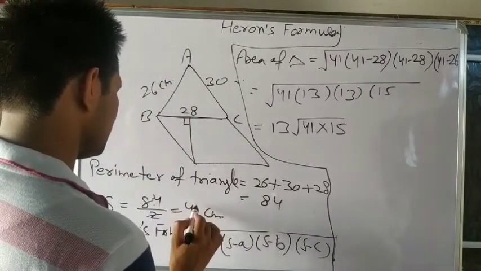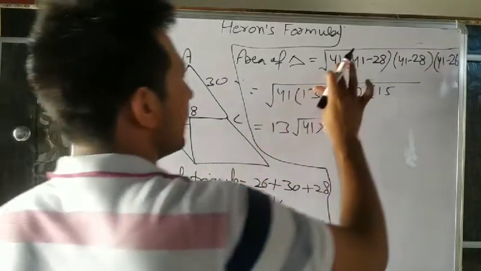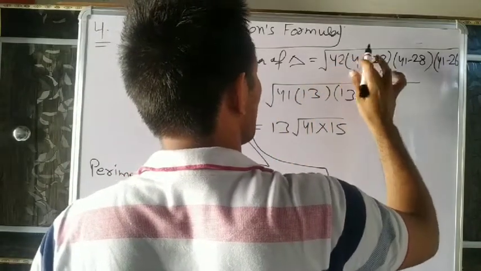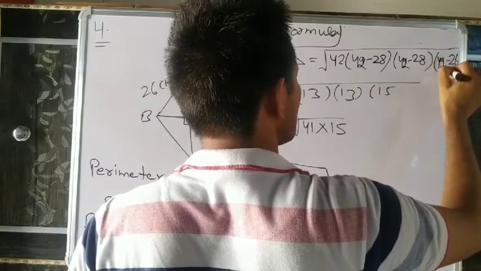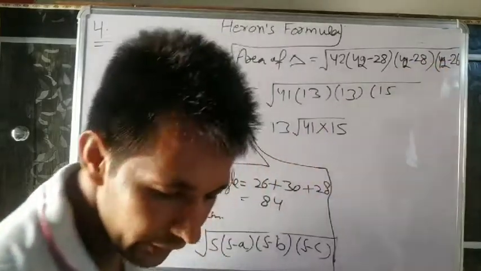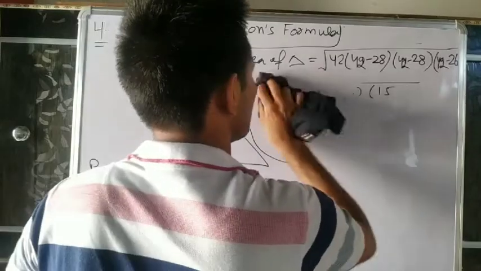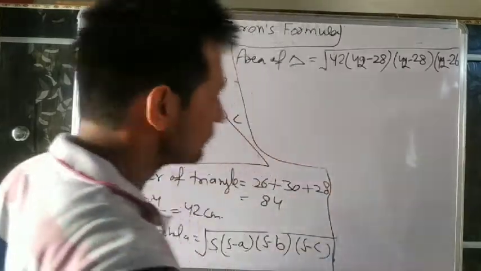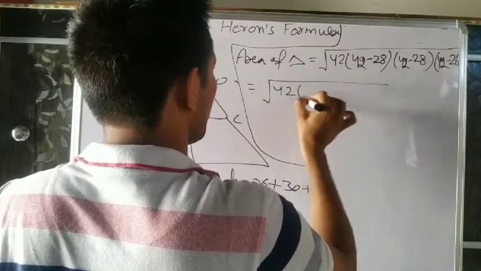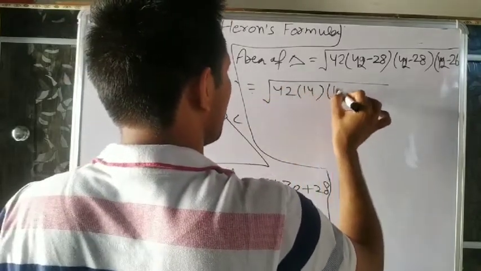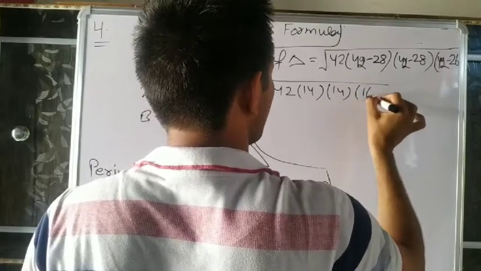It becomes 42. In place of 41, 42. It becomes 42, 14, 14, it is 16.